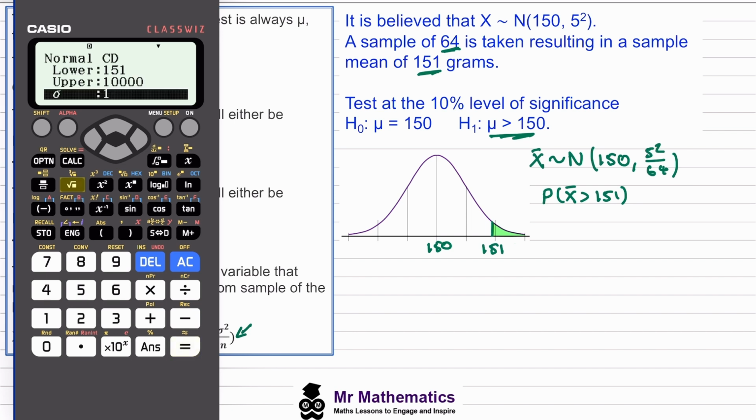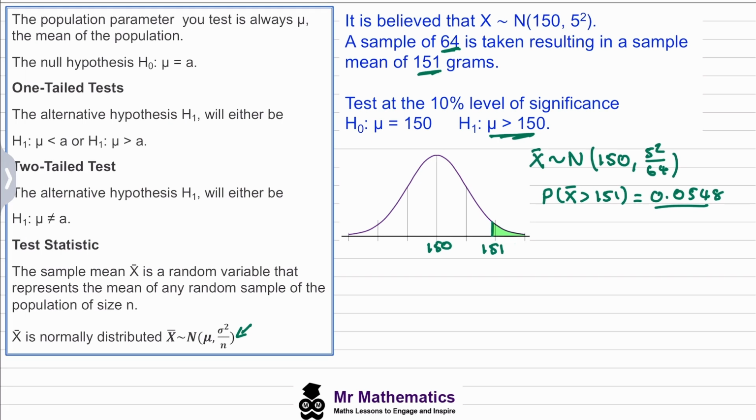This will be the square root of 25 divided by 64. And we'll enter this, and the mean is 150. And we can see we get a probability of 0.0547 or 548. So this is our test statistic.